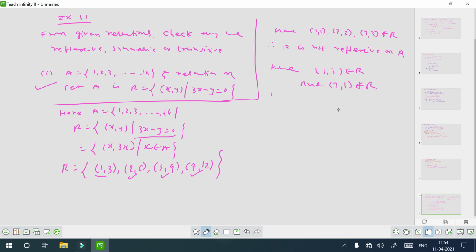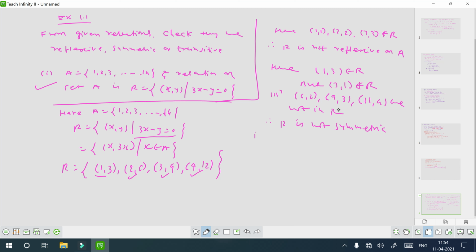Therefore, similarly, (6, 2), (9, 3), (12, 4) are not in R, and therefore R is not symmetric. This relation is not a symmetric relation.